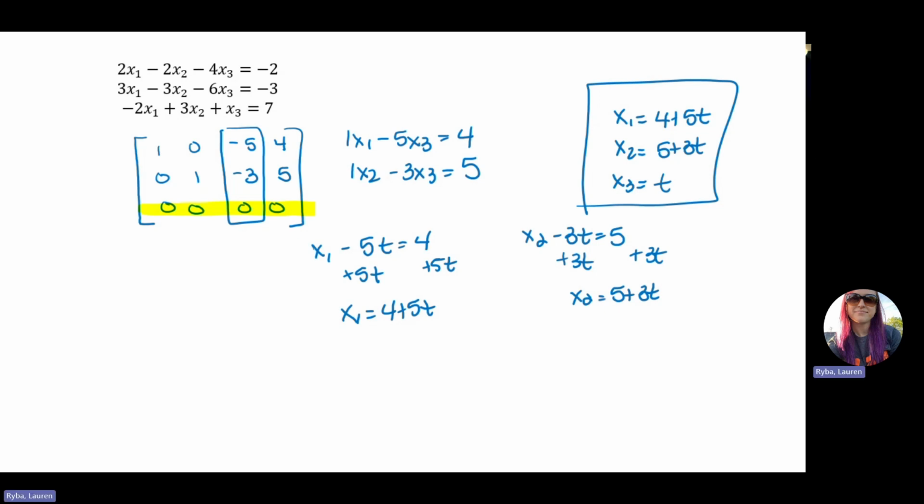So can you see how we can find, again, a single solution, no solution, and infinite solutions, even if we have more than 2 variables?